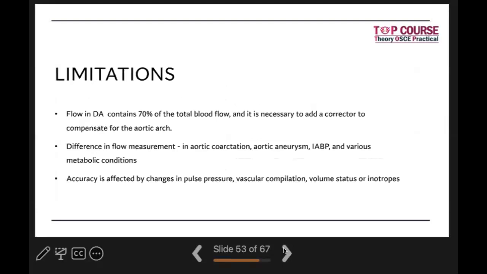And in cases of aortic coarctation, aortic aneurysm, in the presence of IABP and various metabolic conditions, there could be various flows which could affect the assumptions as well as the overall cardiac output monitoring. And it could also be affected by changes in the pulse pressure, vascular compliance, and volume status, and the presence of inotropes. Okay, these could be the limitations of transesophageal echo.